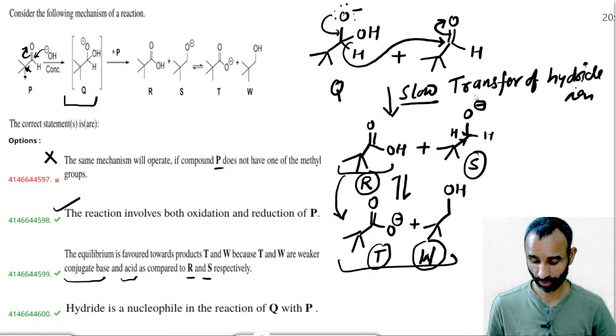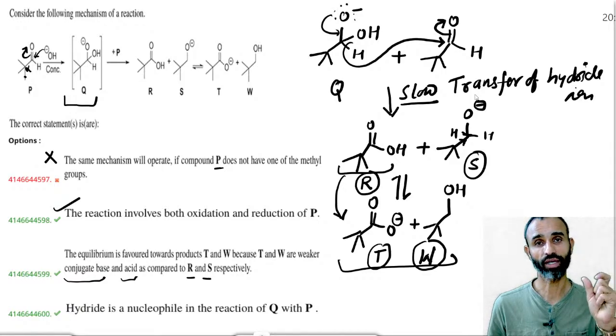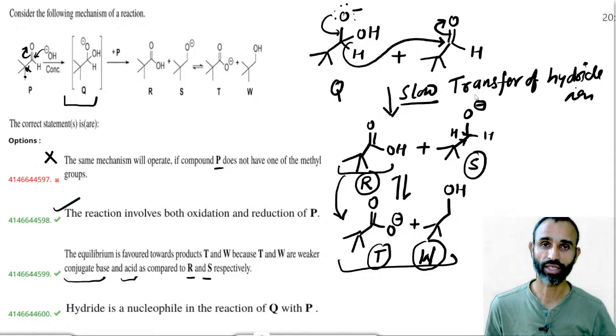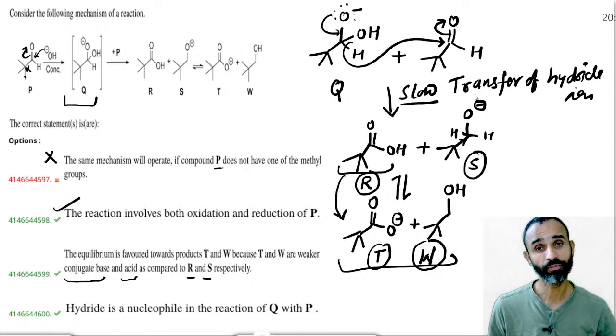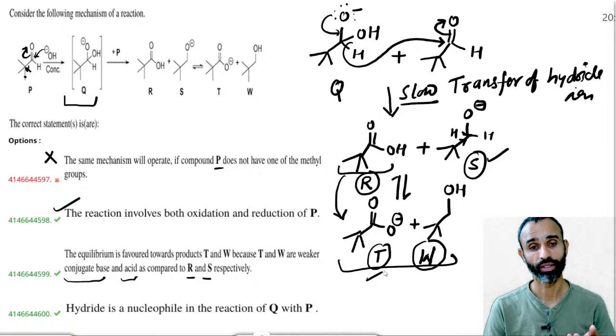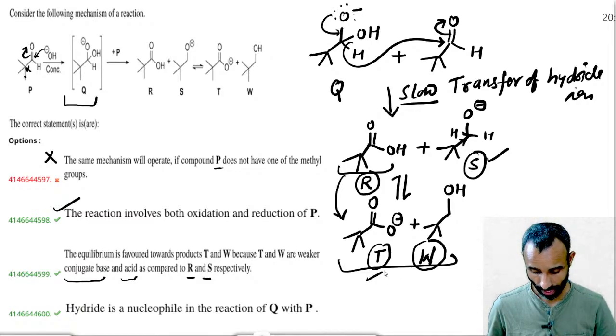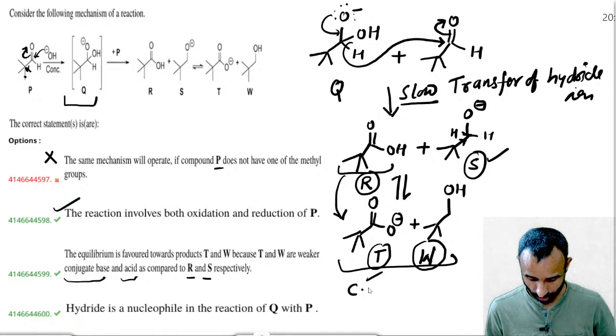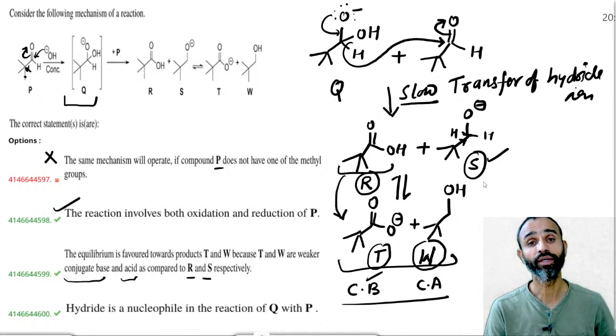At the same time, this tertiary butyl group increases electron density on this oxygen, and that's why this is a stronger base than T. So T and W both are weaker conjugate base and acid as compared to R and S.